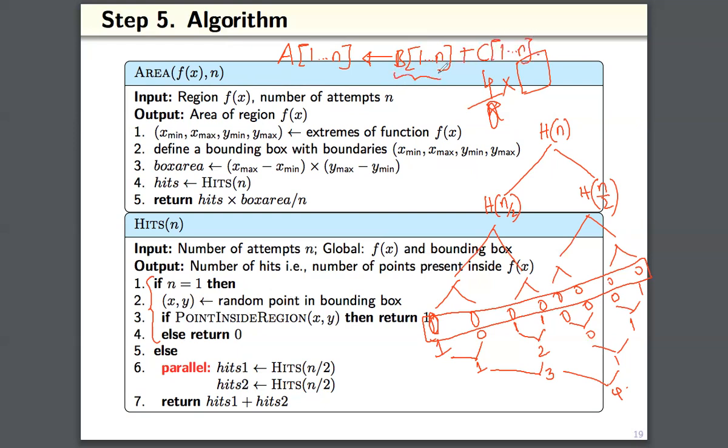You are adding 2 arrays, B1 to C1, B2 and C2, and so on, and assigning them to A of 1 to n. You don't need to do it serially. You can run it in parallel. So you can just use parallel for, i equal to 1 to n, and then do all these additions and assignments.